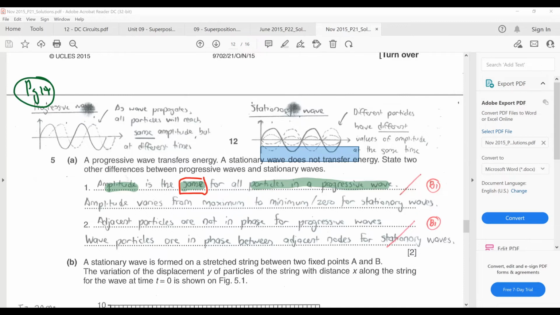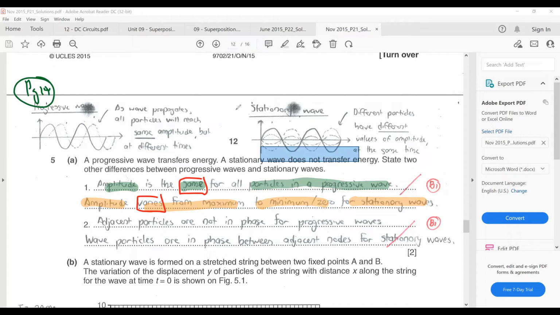Whereas for stationary waves, amplitude varies from a maximum to a minimum or zero. This is for the first one.